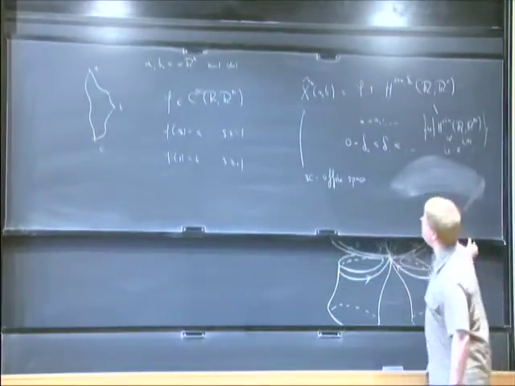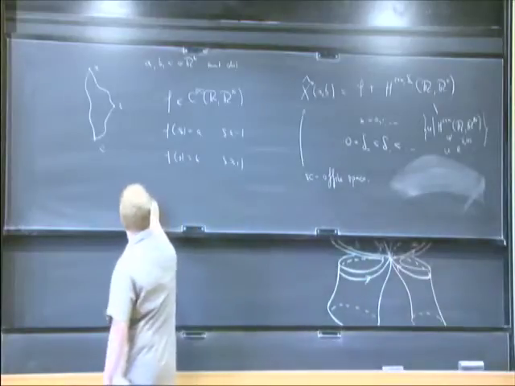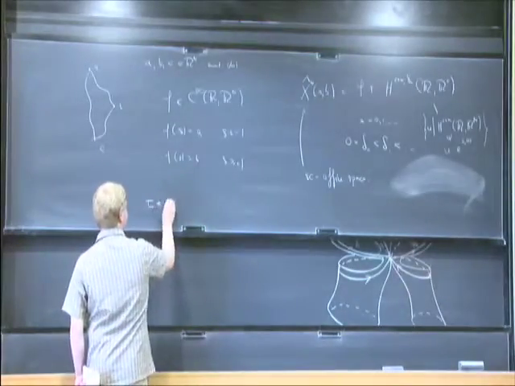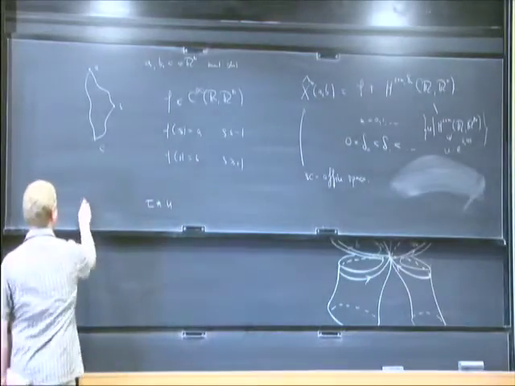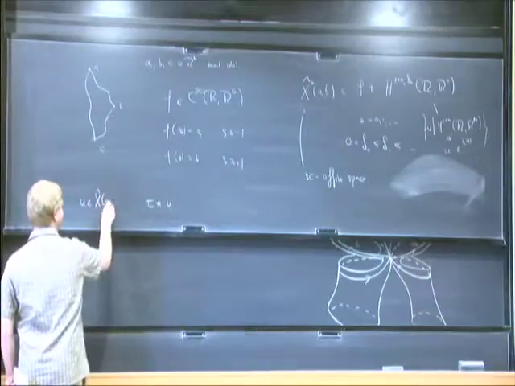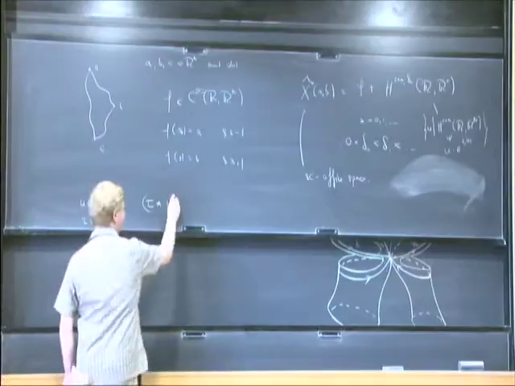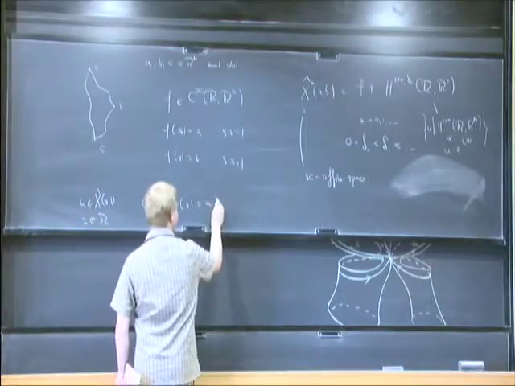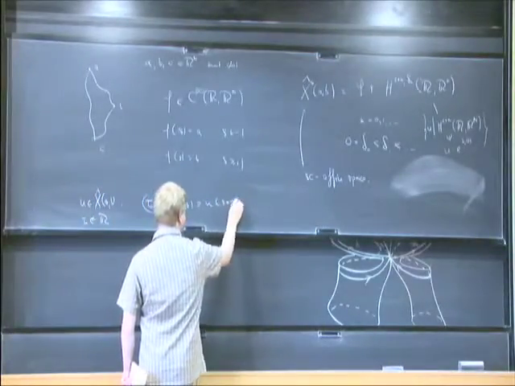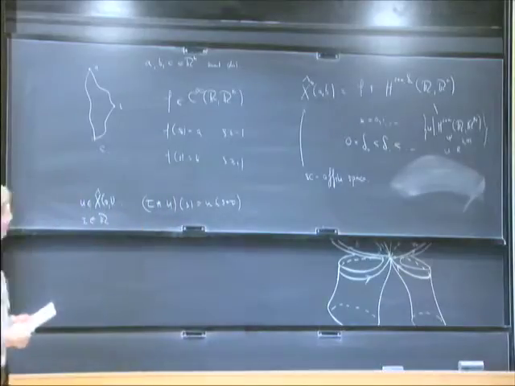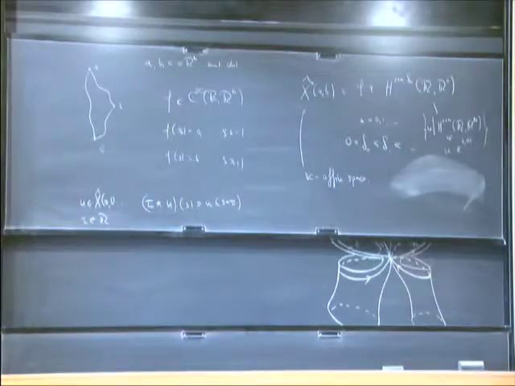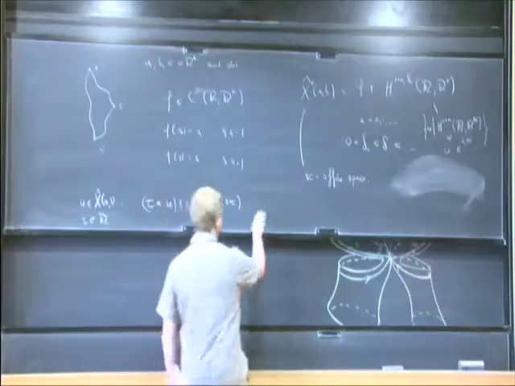So the R action, this space carries an obvious R action. If you take a u in X hat and a tau in R, then you can act, and that's precisely not smooth in any classical sense, but it is SC smooth.